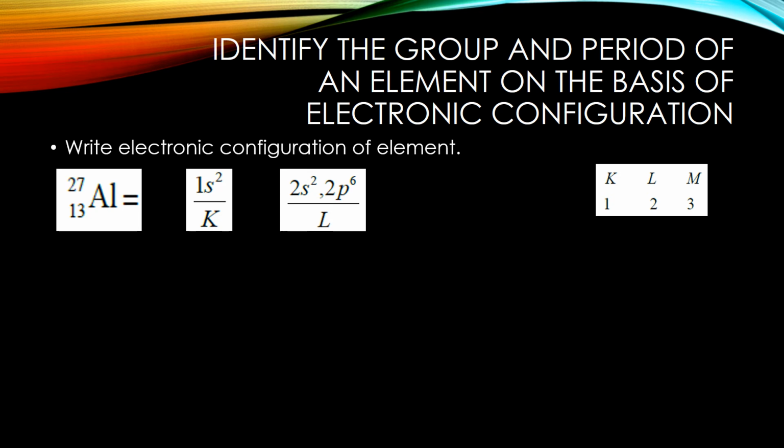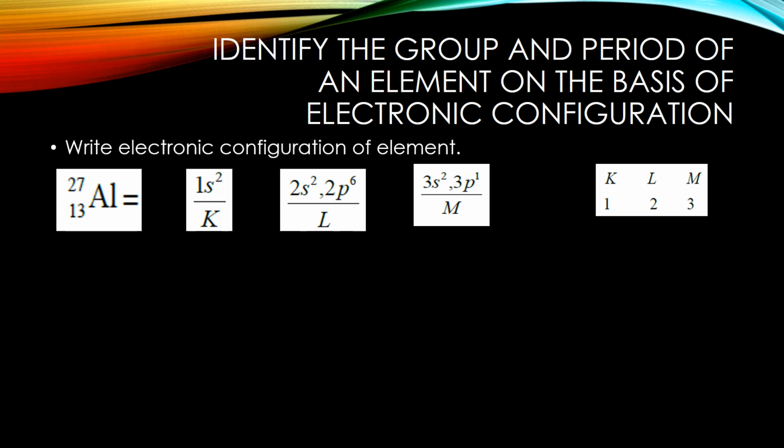a total of 10 electrons are accommodated. Now the next shell is the M shell, and the M shell contains 3 orbitals, 3s, 3p and 3d. Now the remaining electrons will fall in these orbitals, as in 3s2 and 3p1.